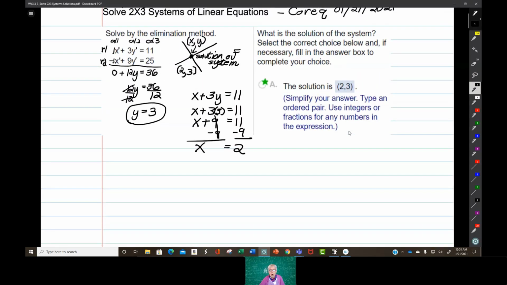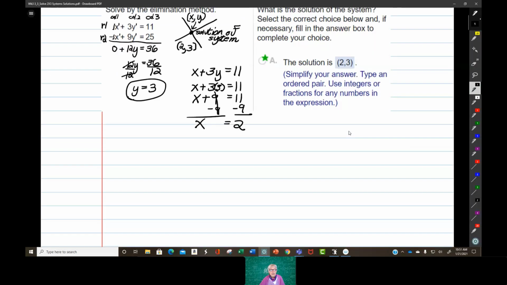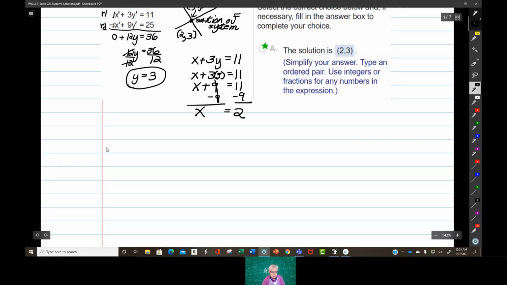These are called row operations. The first row operation, row op 1, is adding the two lines together.